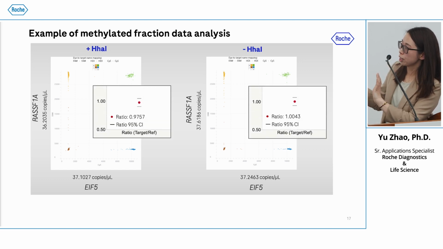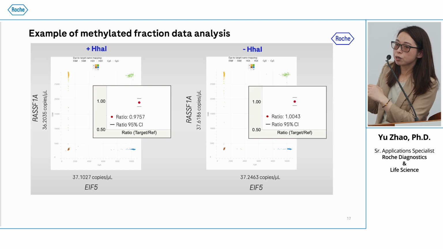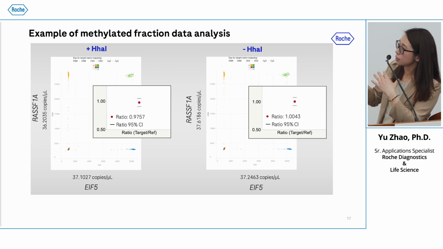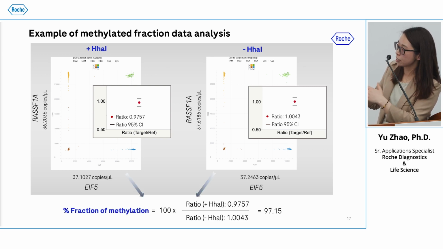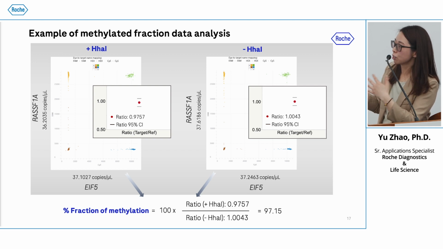So we got 2 ratios here, both before and after enzyme digestion. Second step, compare the ratio after digestion to the ratio before digestion, times 100. That is the number you will get for the fraction. So the methylation of this example is 97%.